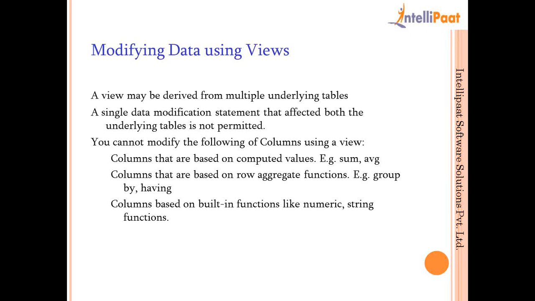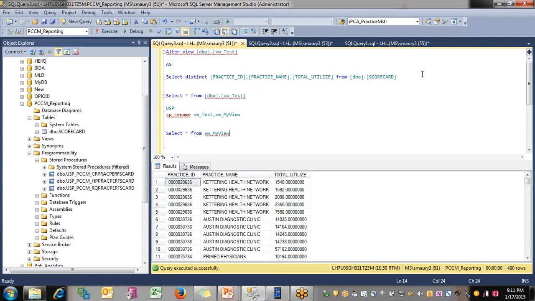So now what condition is it? A view may be derived from multiple underlying tables. When I say multiple underlying tables, you can see when we created the view, I used a single query fetching data from one table. But suppose you have a query with a join between multiple tables.